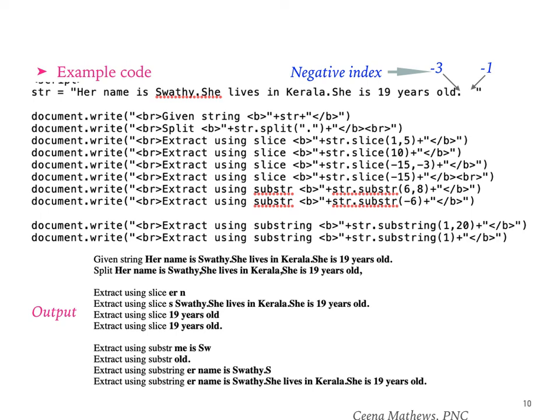So 6 is here, the M in name, where capital H is 0, then 1, 2, 3, 4, 5, 6.